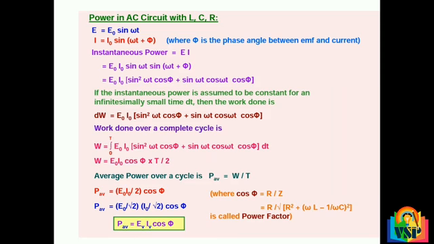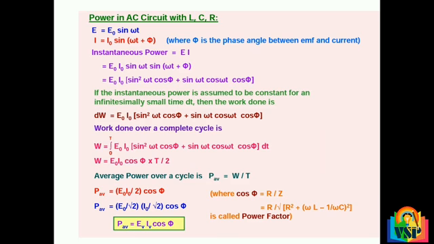If the instantaneous power is assumed to be constant for an infinitesimally small time dt, then the work done dW is equal to E naught I naught (sin square omega t cos phi plus sin omega t cos omega t sin phi) dt.